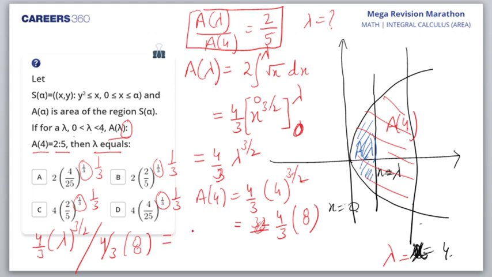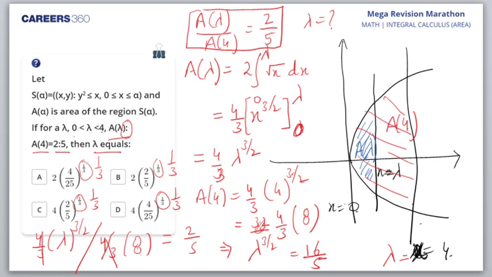Is equal to 2 by 5. So 4 by 3 can be cancelled. 8 can be taken there. So I get lambda raised to power 3 by 2 is equal to 16 by 5. Okay? So I do squaring both sides and then cube root.